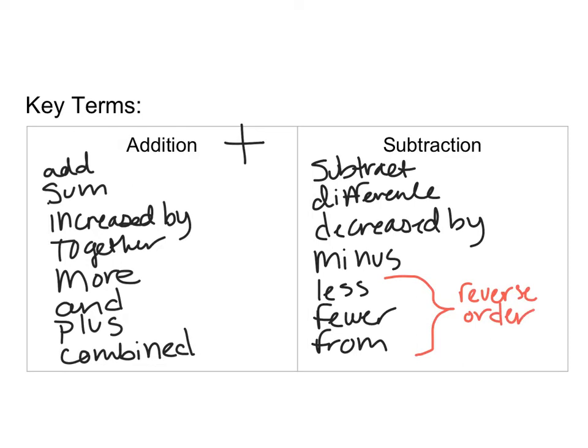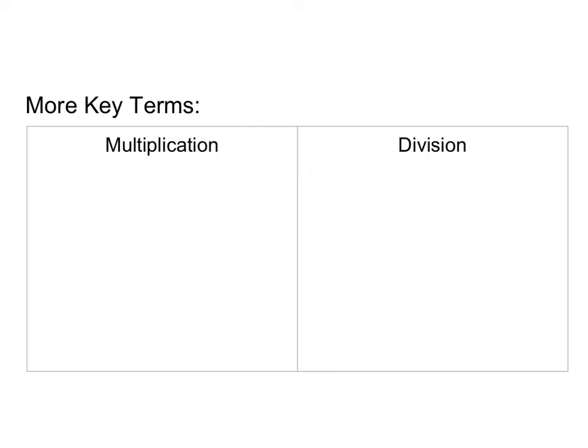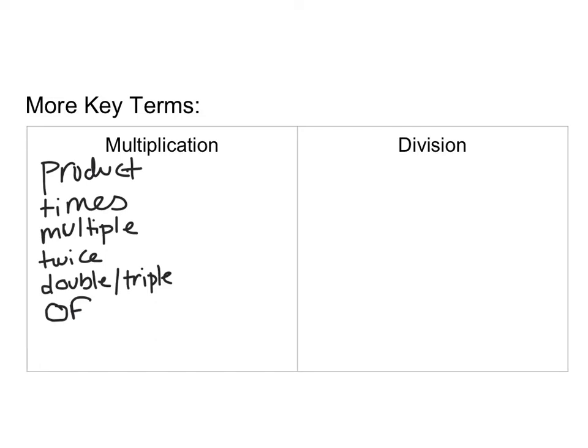All right, now let's think about multiplication and division. Go ahead and pause again and try and write down all the multiplication words that you could think of. How many of these did you figure out? Copy down any ones that you missed, making sure to include that of.